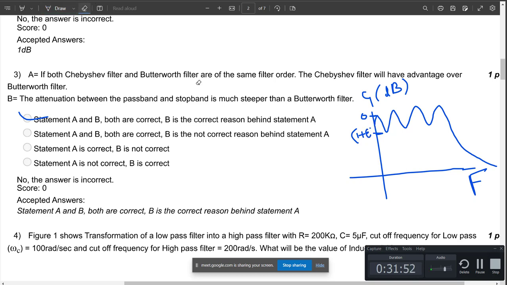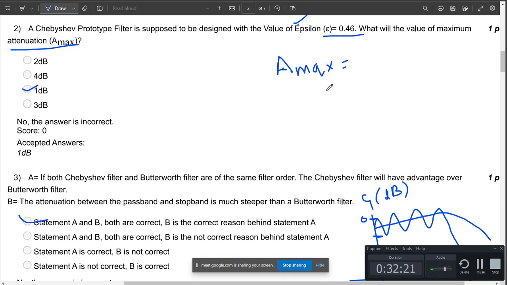So this is something for Chebyshev, and for Butterworth the response is something like this. So in a filter what we want is a very steep response. For ideal condition, this is the ideal brick wall response, right? So ideally we want a brick wall response, but that is not possible practically.